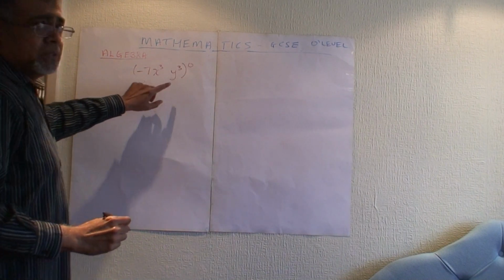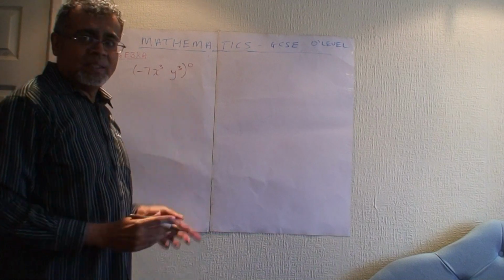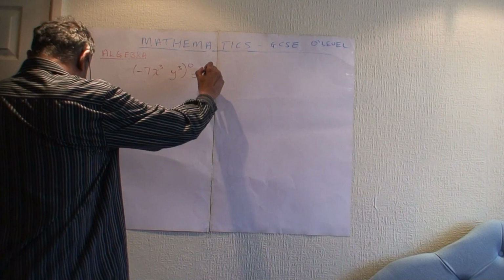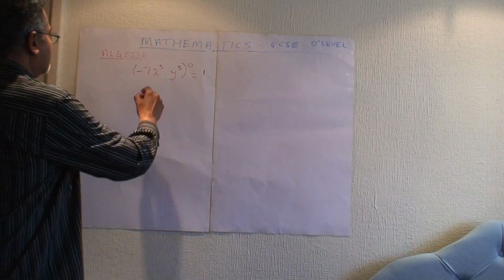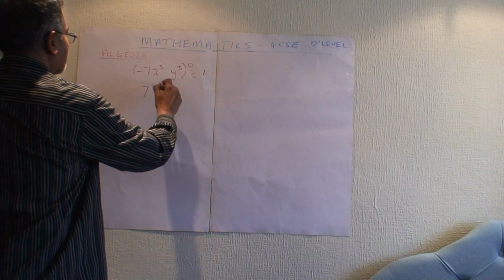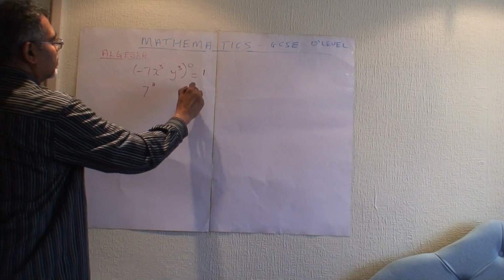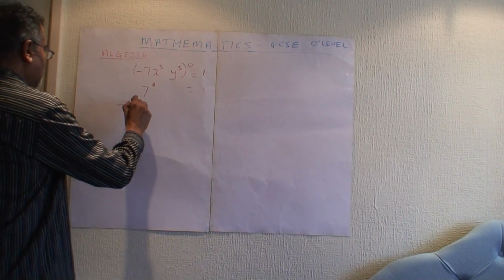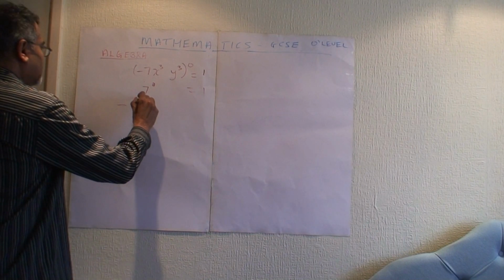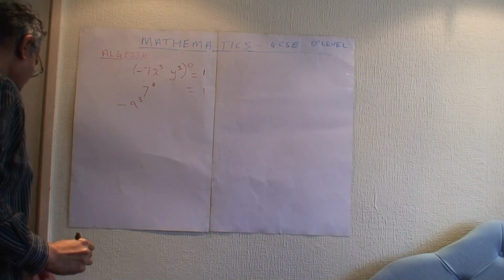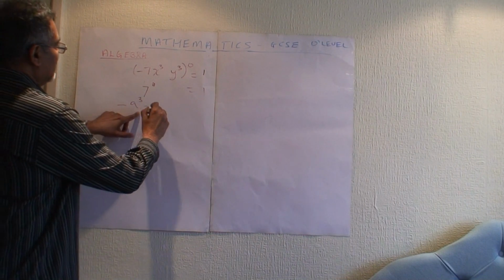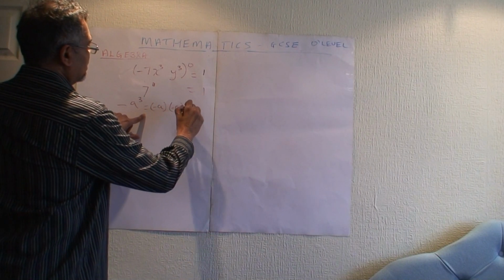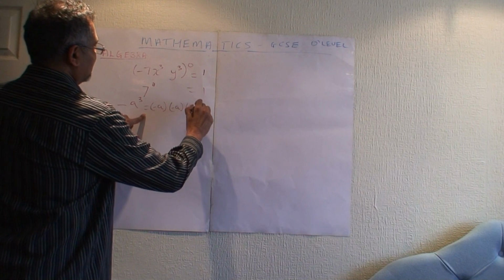Okay, we have an expression here, but it's raised to the power of 0. So anything to the power of 0 is 1. Alright, say you have 7, but it's to the power of 0. Alright, that's equal to 1. Okay, say we have minus a to the power of 3. What this is saying is minus a multiplied by minus a multiplied by minus a.